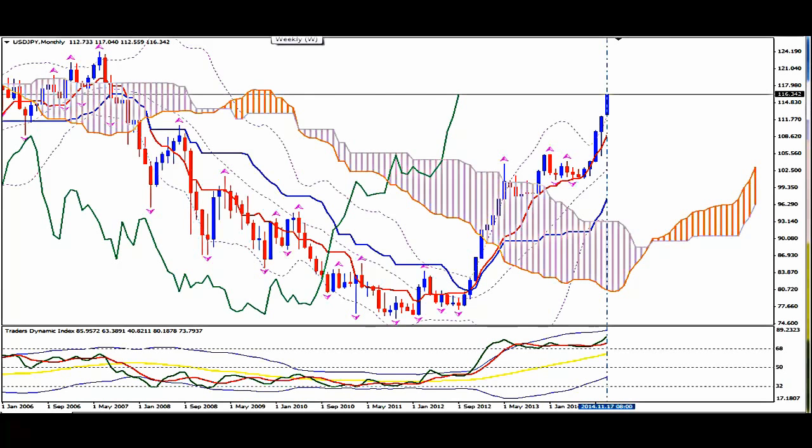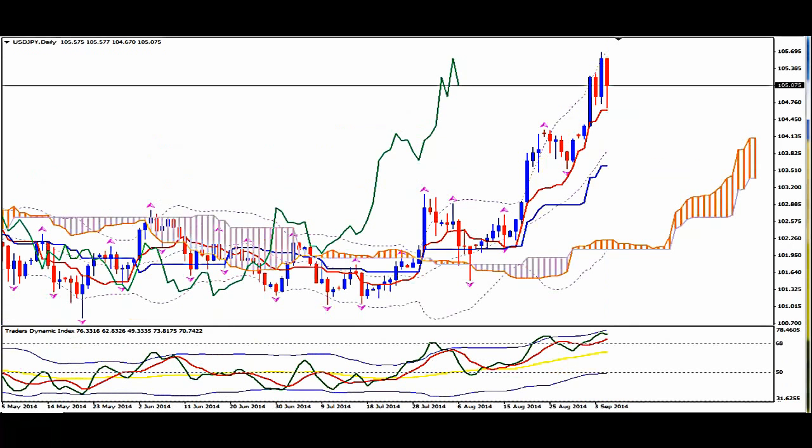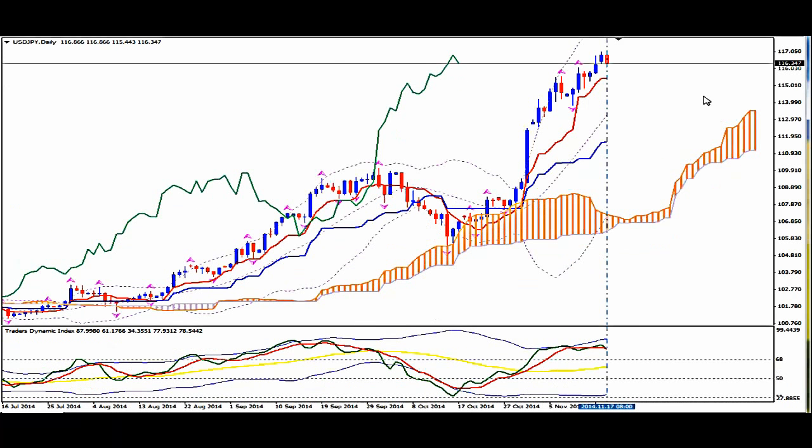On the weekly, very bullish picture, but a bearish candlestick is the one of the week that just started. Let's go to the daily. We see that this day's candlestick is bearish, and we had a bearish crossover on the TDI.